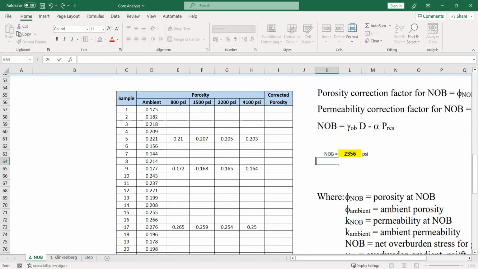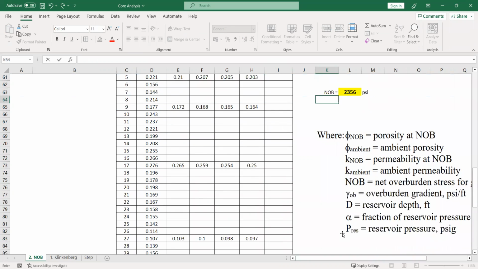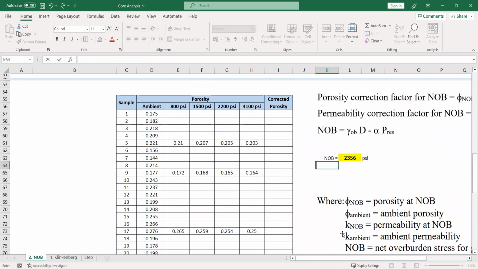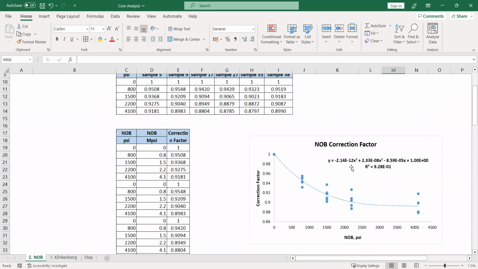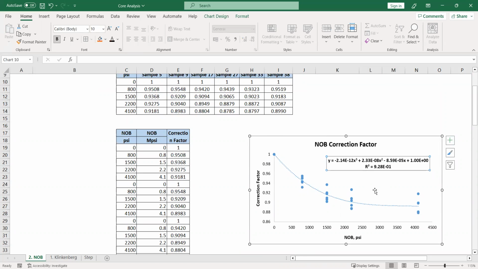What's the symbol for that? Maybe just use correction factor instead. Okay, here. And we will use this formula.